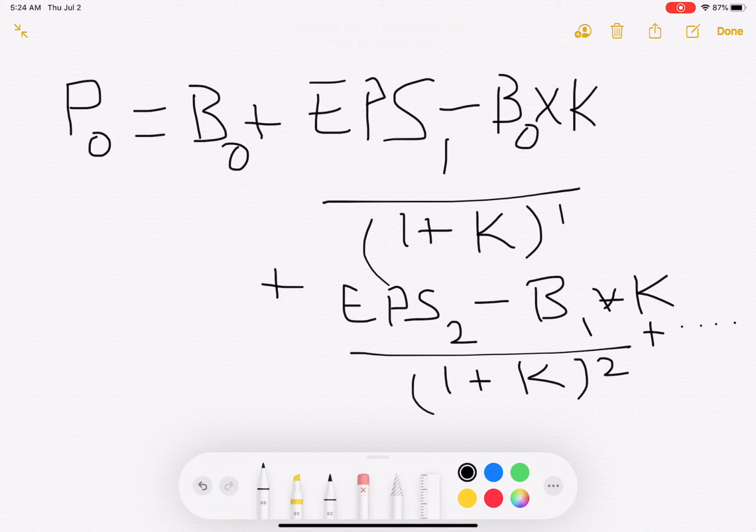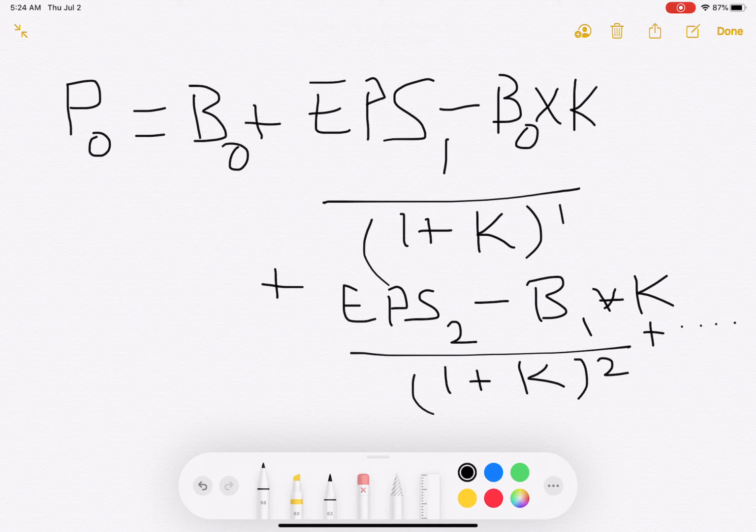Plus likewise we'll keep on going, and we will have EPS 3 minus B2 into the required rate of return during the third period, divided by 1 plus the discount rate raised to the power 3.